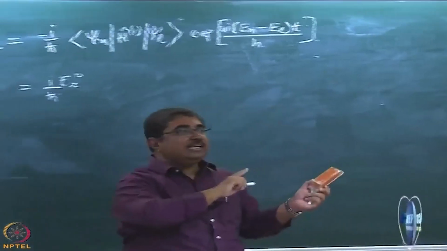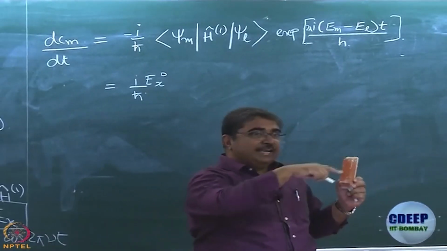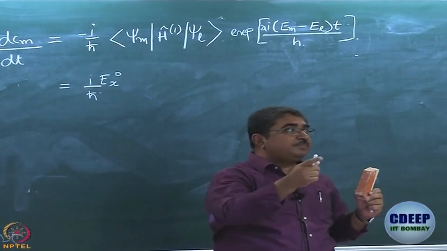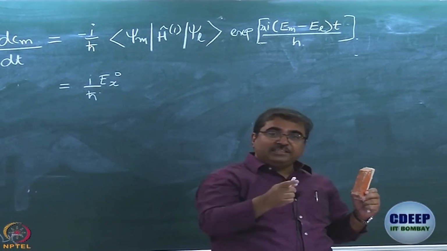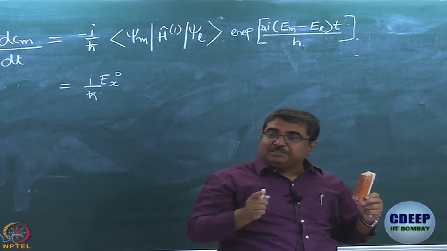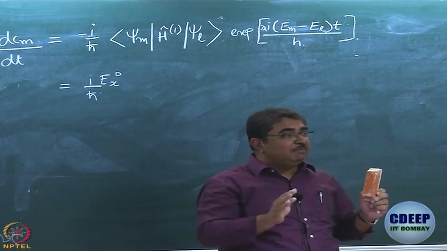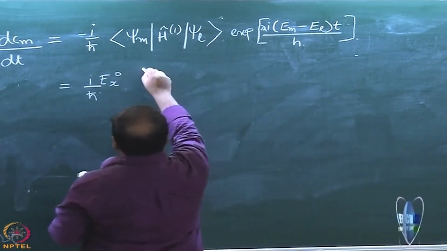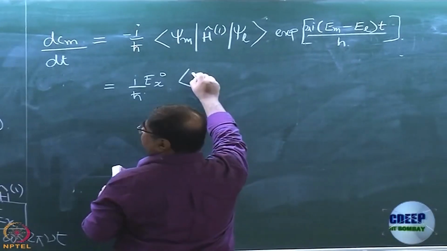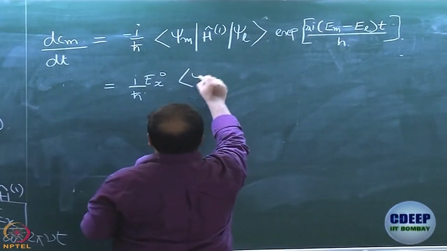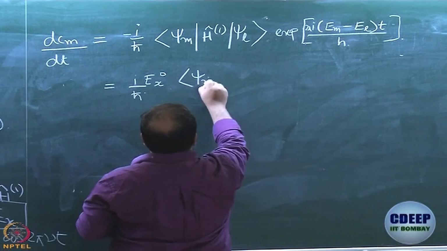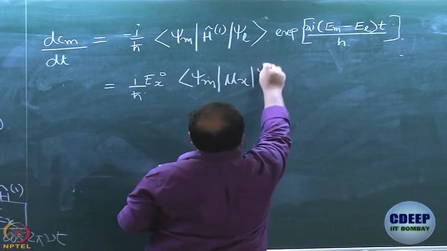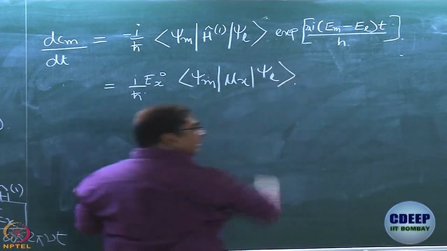I will put mu x inside the integral, because as you have seen when we derived the selection rules for your vibration and rotation, mu x can actually take up different terms for different problems. So, I cannot keep mu x outside the integral, I have to take it inside. So, when I do that, this is what I get. I am taking mu x inside, so I write psi m mu x psi l integrated over all space.